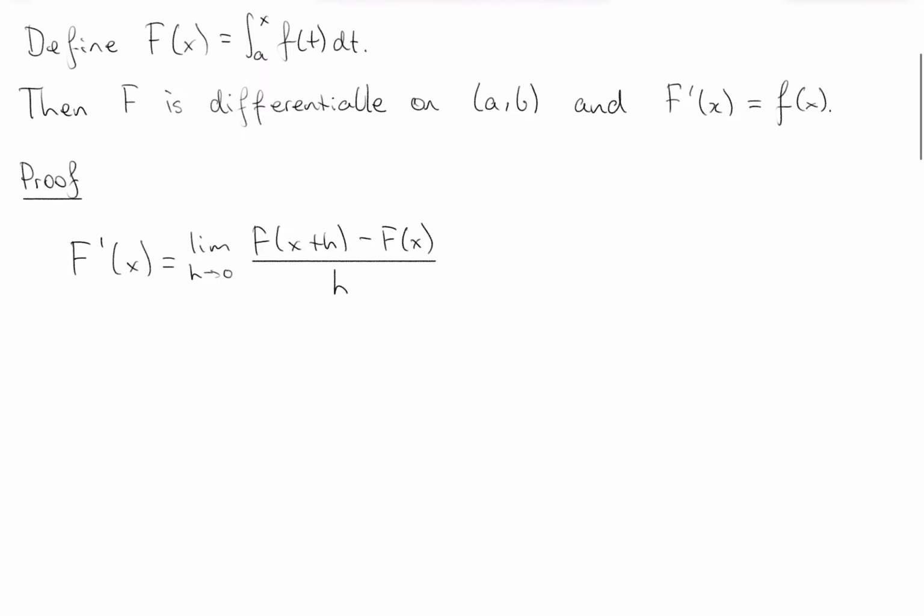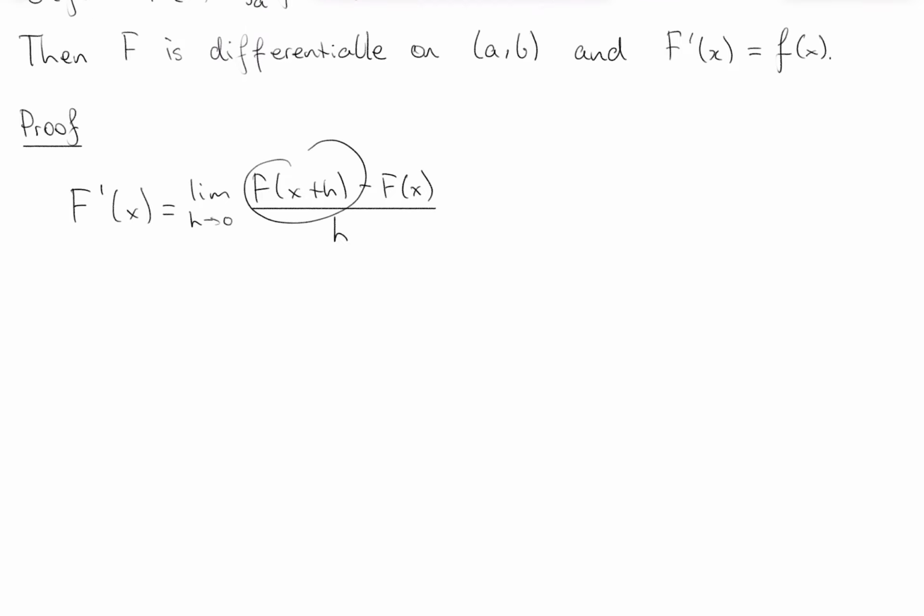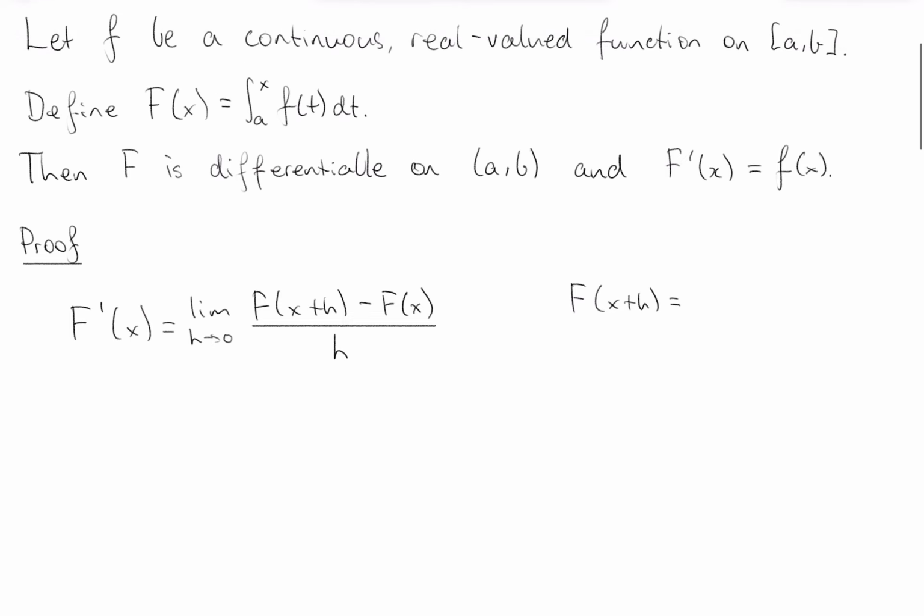And we can split this up, so I'll just work on this bit separately. So F of x plus h, well, just given the way we've defined F of x here, if we substitute x plus h instead, we get that it equals the integral from a to x plus h of f of t dt.